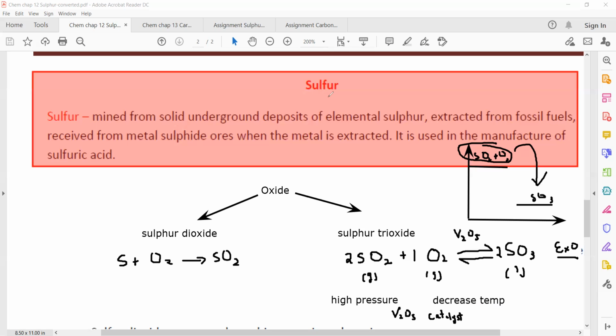Sulfur dioxide reacted with more oxygen gives sulfur trioxide. The name of the catalyst is vanadium pentoxide.